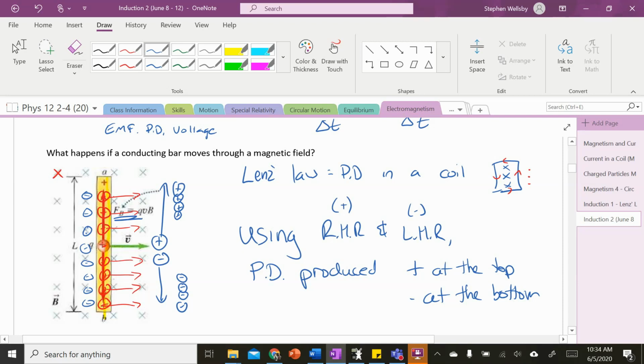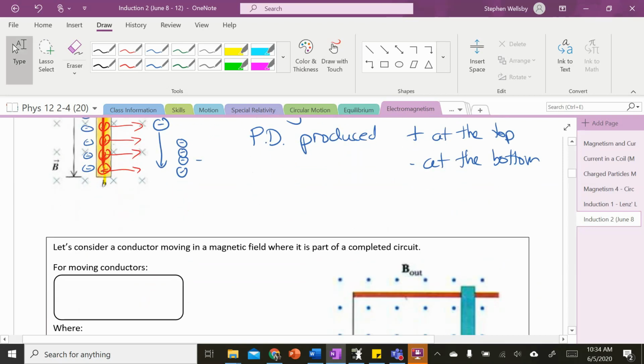So it's not going to be an infinite amount of voltage, but there'll be somewhat of a positive voltage up here and somewhat of a negative voltage down here, so there will definitely be some potential difference. The positives will be more crammed together up here, the negatives more crammed together down here. Okay, so hopefully that makes sense.